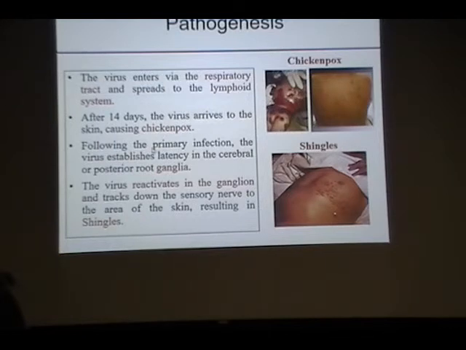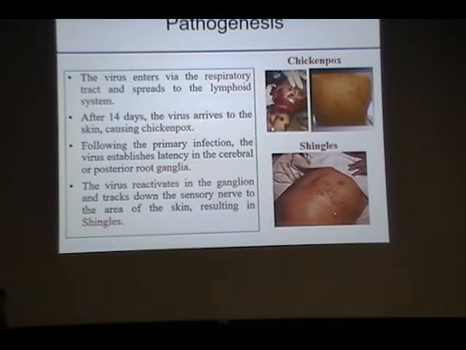When you first get the virus, usually through contact, when you receive a kiss from your parents, the virus enters your body, goes through the respiratory tract and spreads to the lymph node, and it takes actually 2 weeks for the virus to get to your skin, and infect your epithelium, your skin cells. That's when you see chickenpox, those skin rashes.